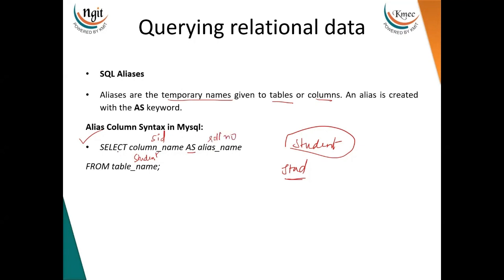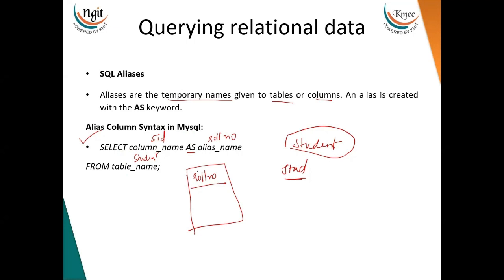Now, what is my query? Select SID as roll number. So SID is temporarily renamed to roll number. From which table name? From table name student. So thereby what happens is, whenever this particular query is executed, you get output displayed like this.